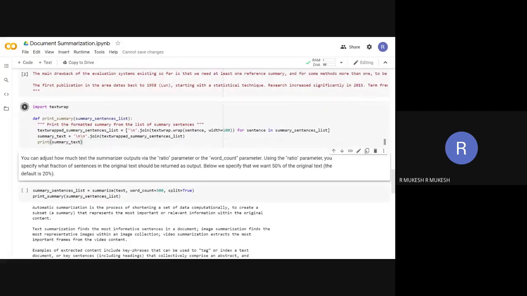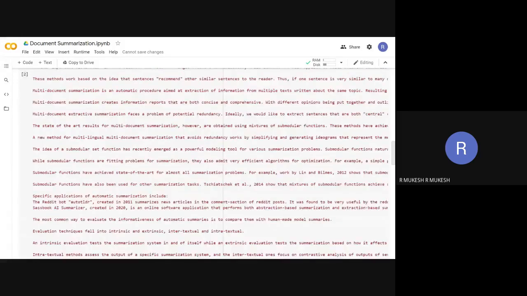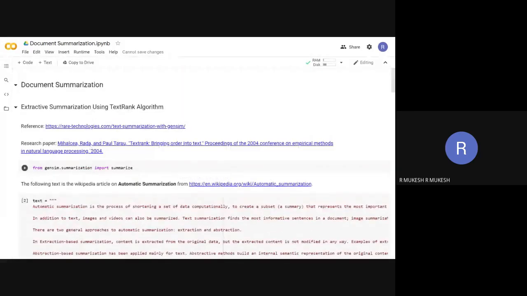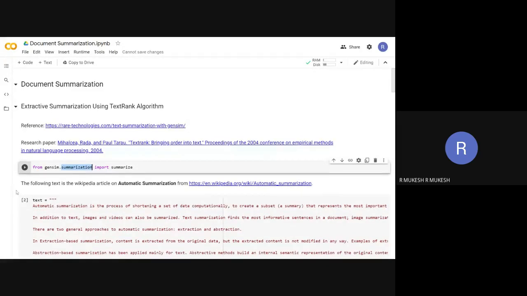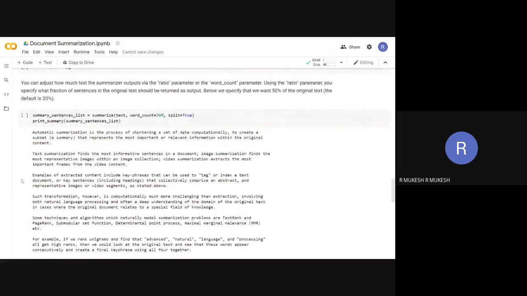I'm going to be using a library called Gensim, and the summarize function in its summarization module, which makes use of the TextRank algorithm. I ask it to summarize the text with not more than 300 words, and to give it to me as a list. I get a list of summary sentences.